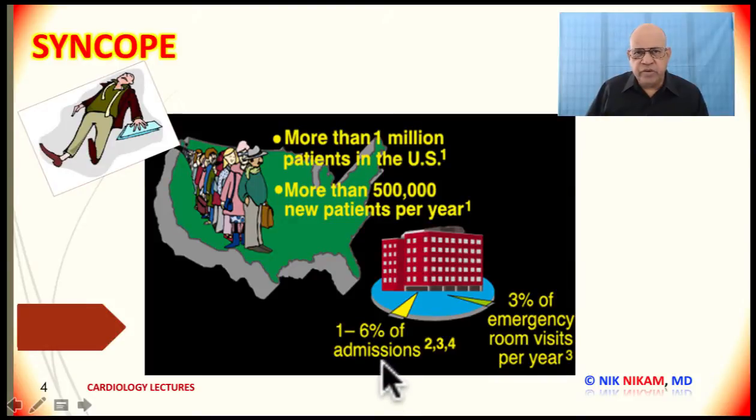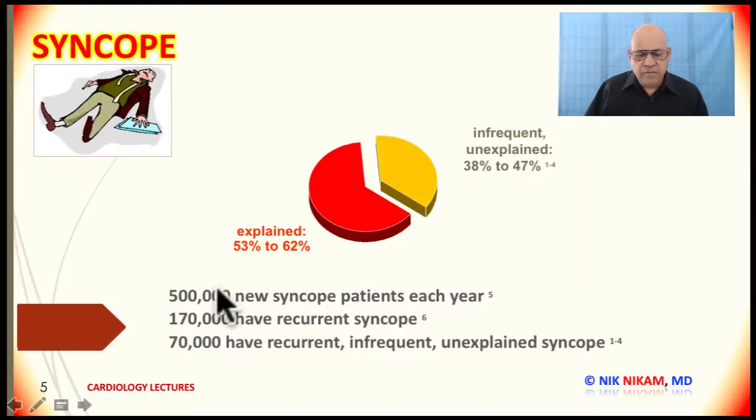That's a pretty significant number, considering in majority of the cases that syncope is not a life-threatening issue. Of the 500,000 new syncope patients coming to the hospital each year, about 170,000 of them have recurrent syncope.